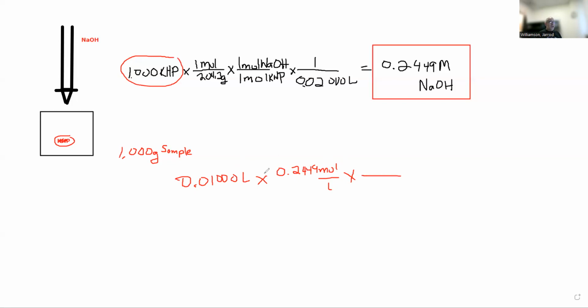And this is reacting with whatever KHP is in that sample. So for every 1 mole of sodium hydroxide, NaOH will react with 1 mole of KHP.